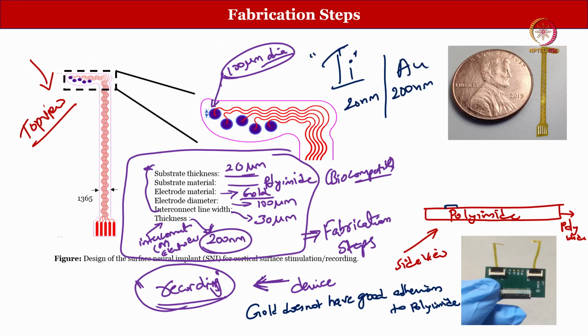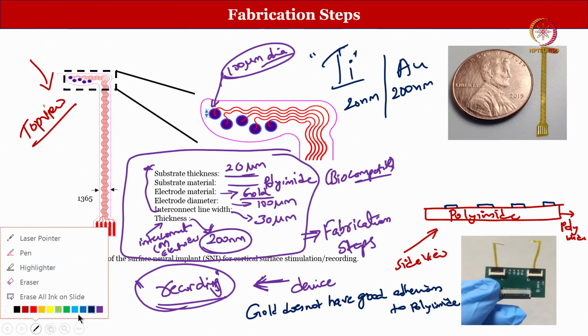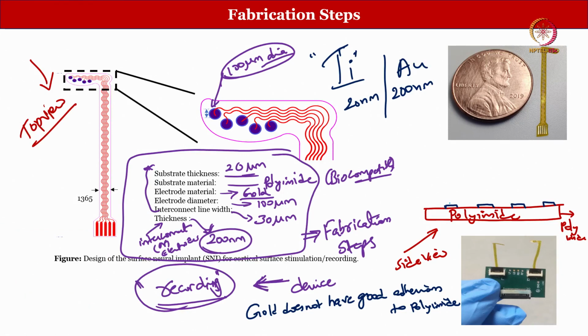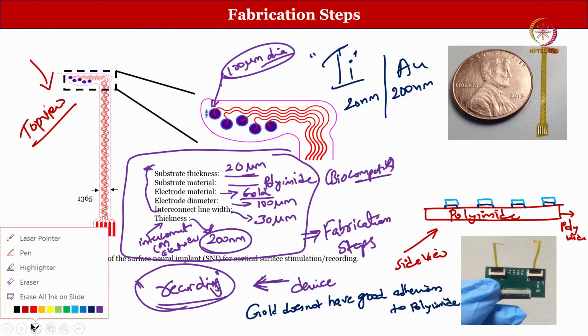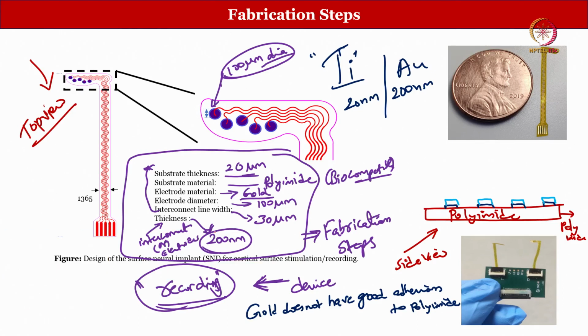Now, this is fine, right. So, you will have a bit of titanium, then on top of that the gold is going to be coming. Now, on top of this, is it done? No. On top of this, you have to passivate some areas, wherever the interconnects are.